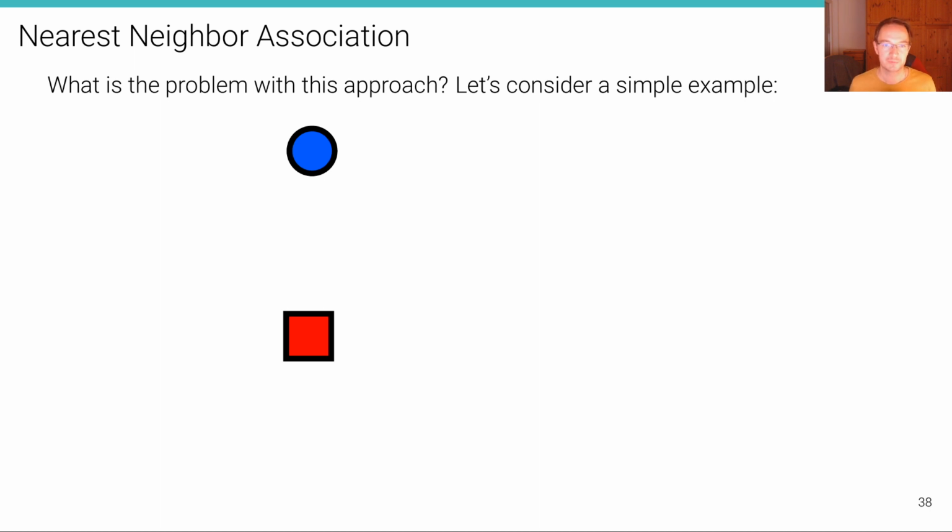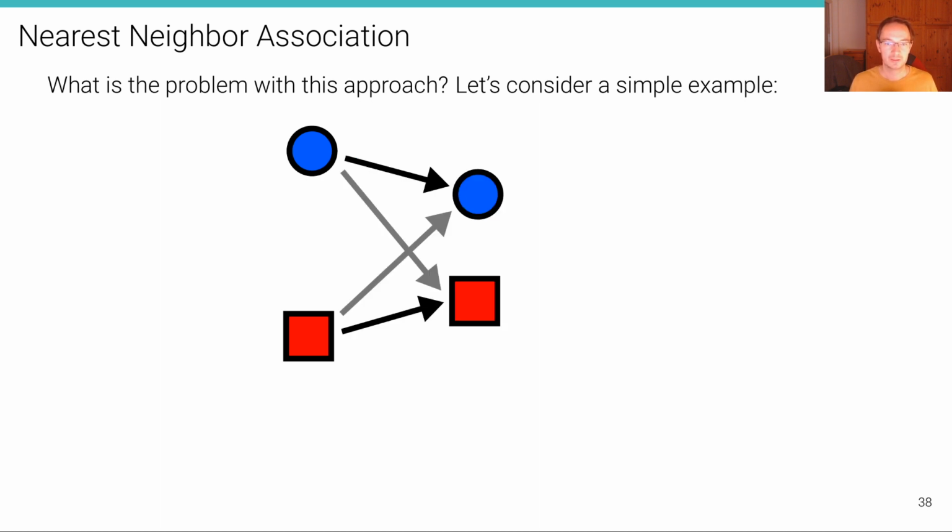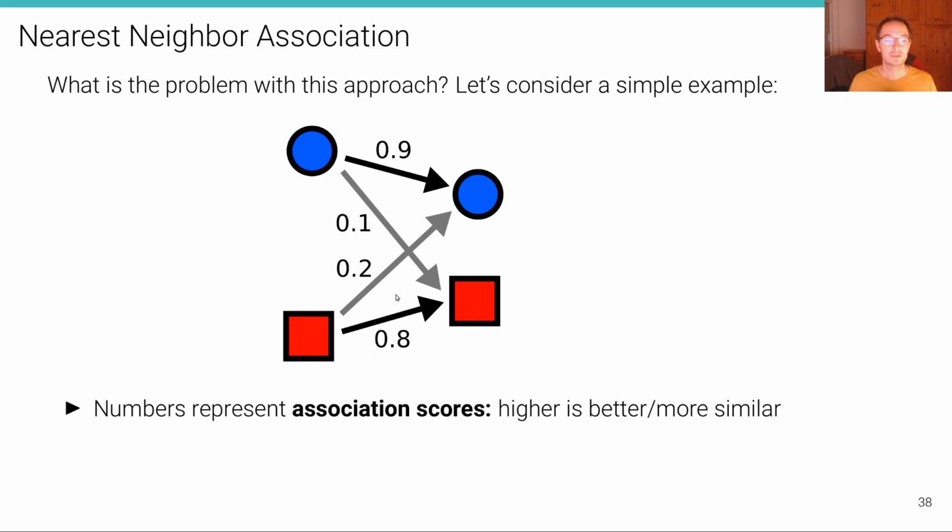Now, what's the problem with this simple approach? Let's consider a very simple example with two objects, blue and red, that move like this. Of course, we don't know which object is the blue object and which is the red object. So we can associate this object with this one, or this object with this one, and vice versa. Now let the numbers here represent association scores, where higher scores mean they are more likely to be the same.